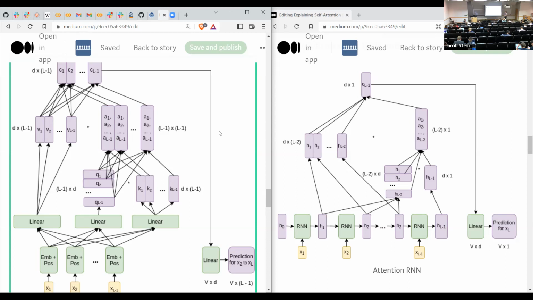In the attention RNN, we computed context vectors for each one of them. Good question.